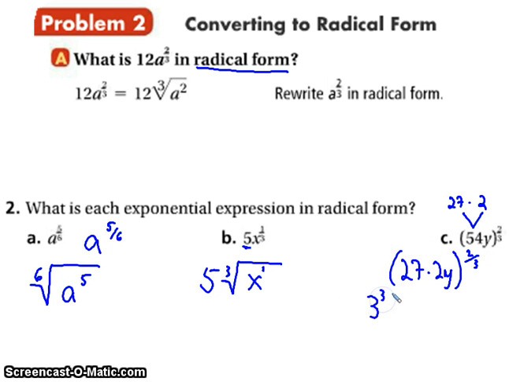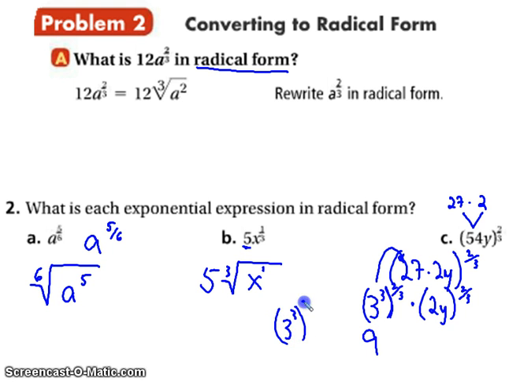to the 2/3. Okay, so that's 27. That's the same thing as that right there. To the 2/3 times 2y to the 2/3. So 3 times 2/3 is 2. So I get 9. So 3 to the 3rd times 2/3 cancels out, leaving us with 3 squared.